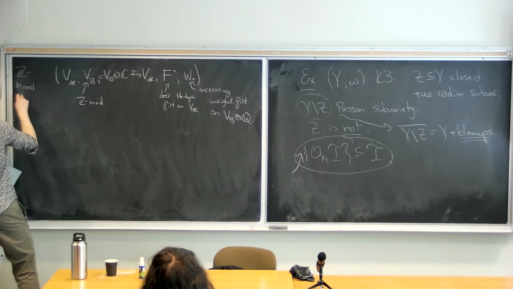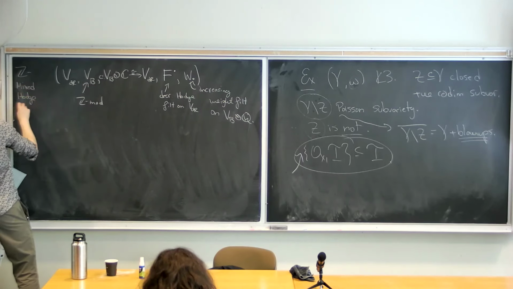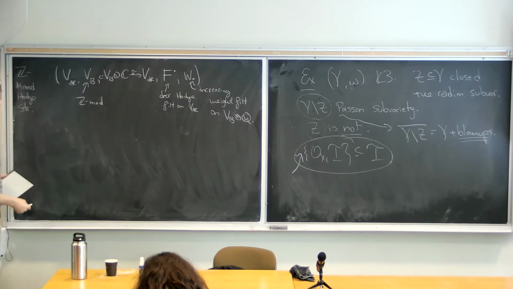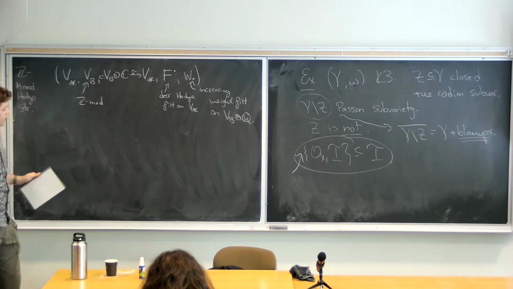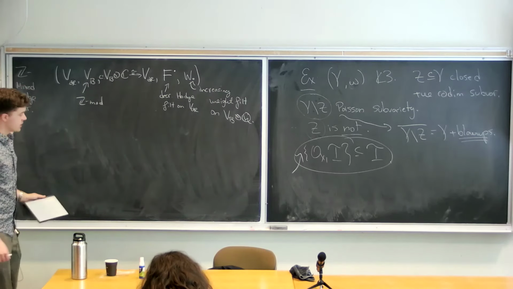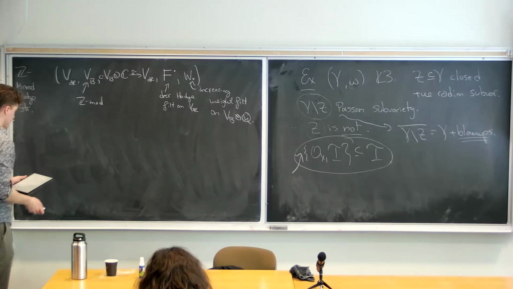Well, this is the data that goes into it. You need to check that certain quotients with respect to the weight filtration give you pure Hodge structures, but let's just try to get this data first.